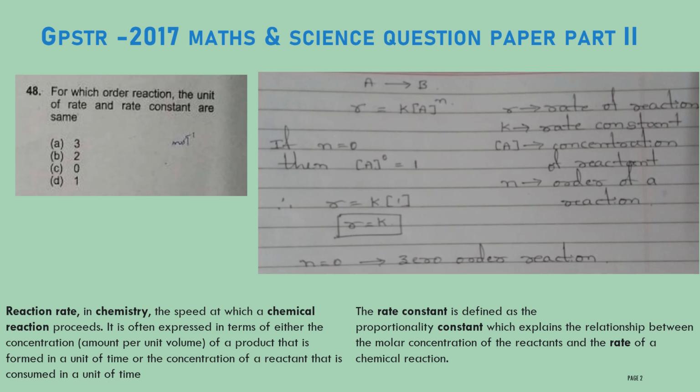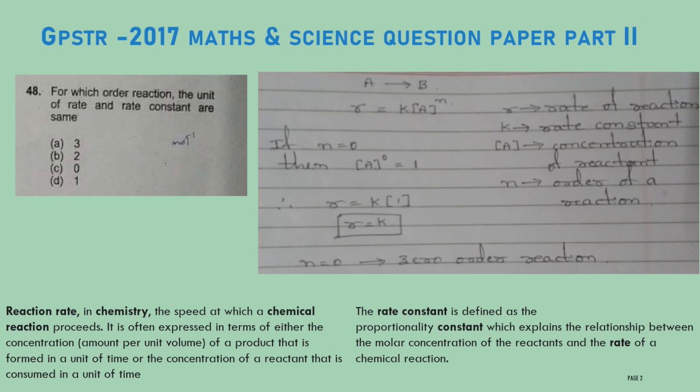You know from the mathematical formula that any alphabet or number having the exponent 0 has its value equal to 1. Therefore, substituting again in this equation, r is equal to k into 1. Then k into 1 becomes k, so r is equal to k.